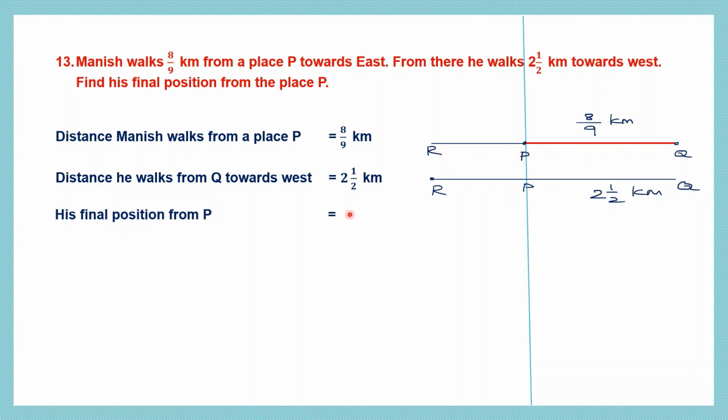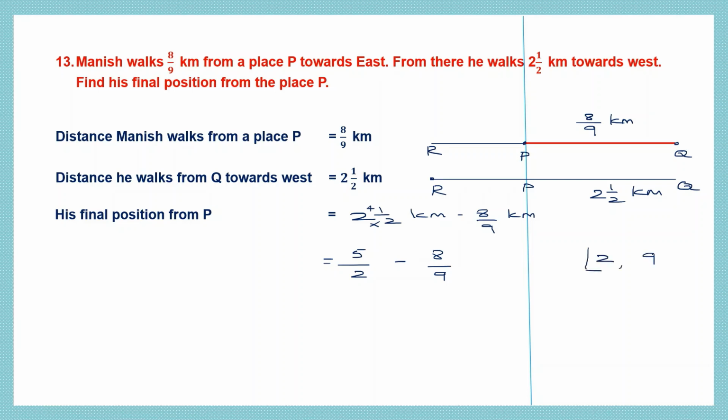That means we have to subtract 2 1 by 2 kilometers minus 8 by 9 kilometers. So let's subtract this. 2 1 by 2, let's convert. 2 2s are 4 plus 1 is 5 by 2. 5 by 2 minus 8 by 9.